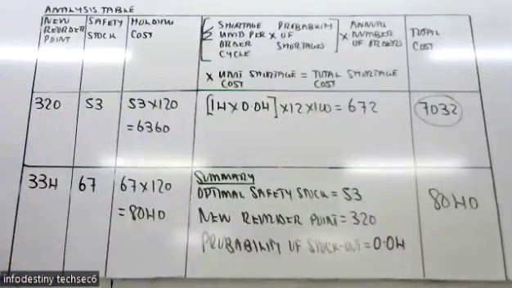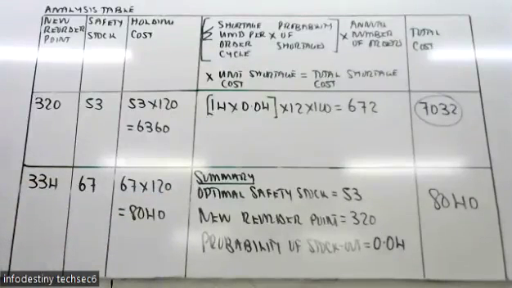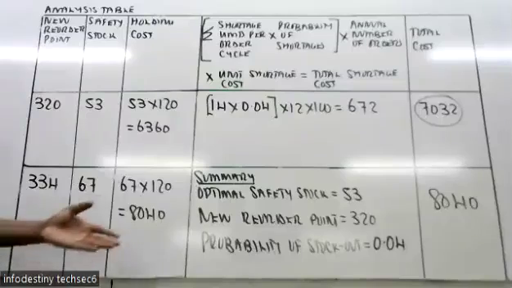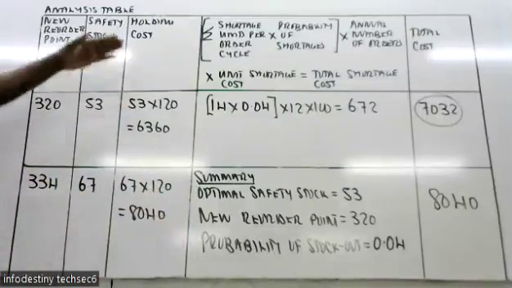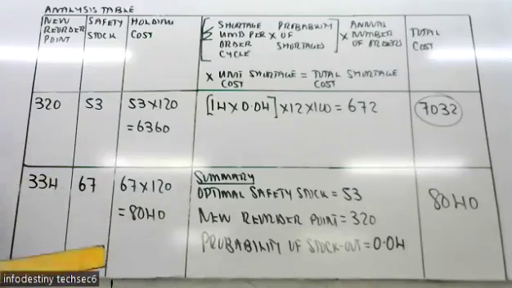There is a possibility we can get this. So the probability of stock out is 0.04. If you settle for this one, the probability of stock out is 0. If you settle for a hapo juu, then you add the probabilities wako chini. You add the probabilities of the ones that are lower. So any question? Any concern regarding that question?